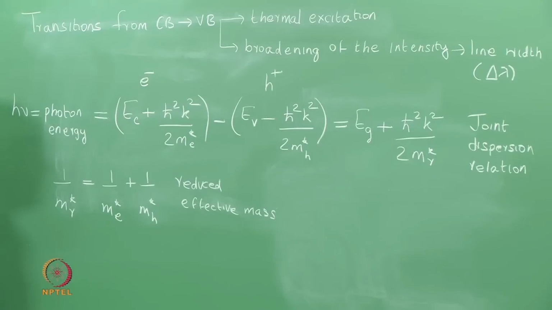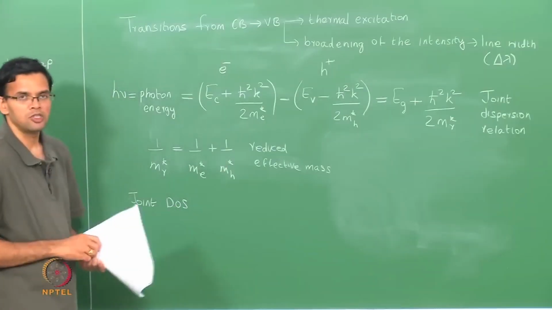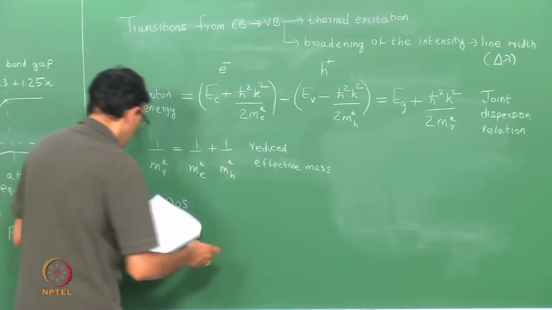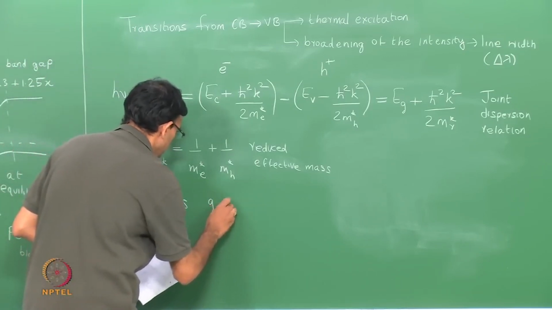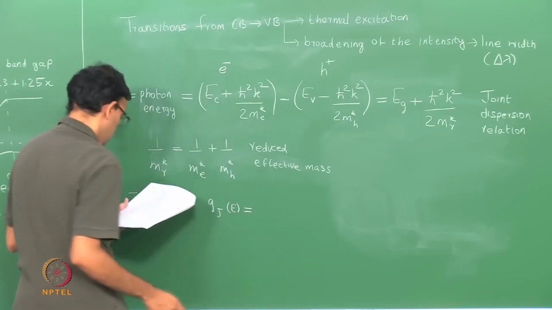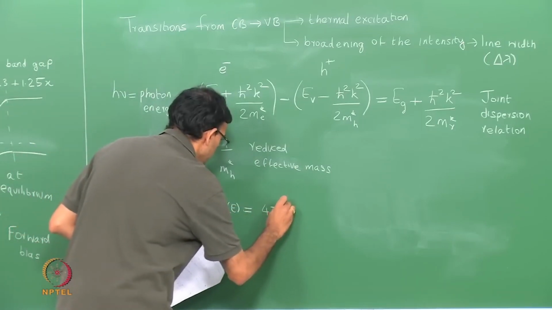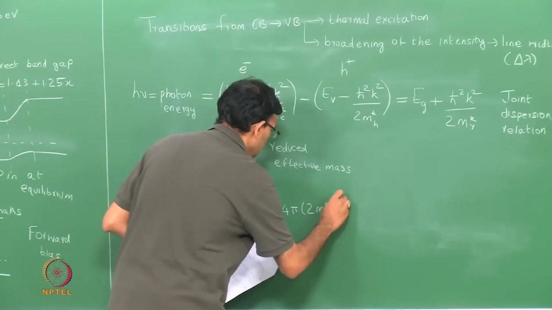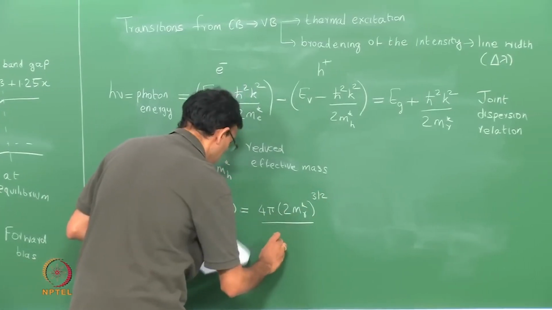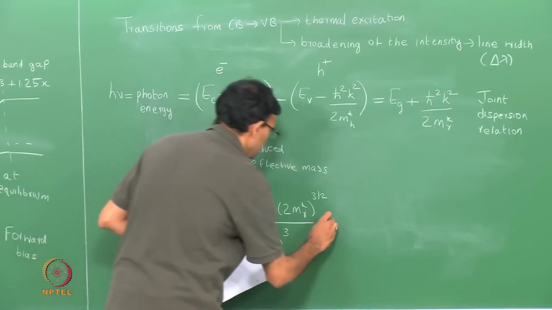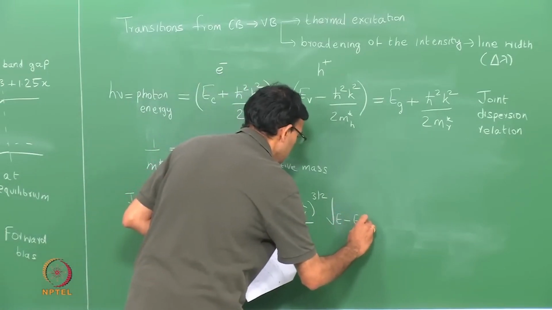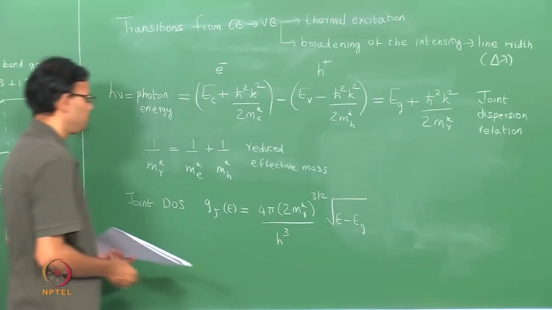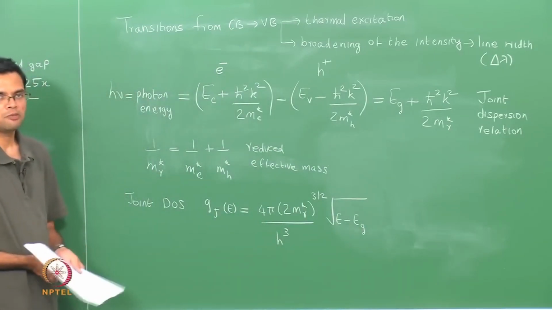You can similarly define a joint density of states. Again, if you assume a solid with a uniform potential, then the joint density of states is 4 pi times 2 m r star over h squared to the power 3 halves, times square root of E minus E g. We also need the occupation probability.